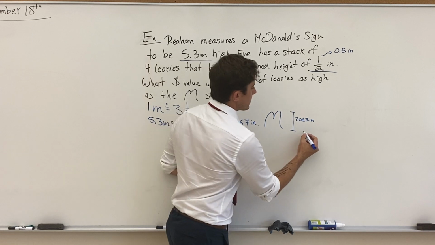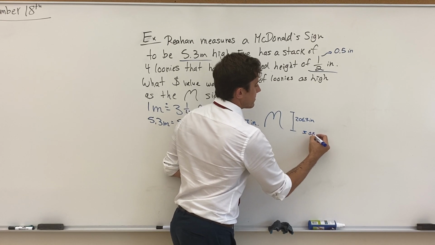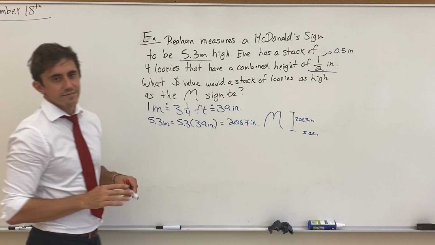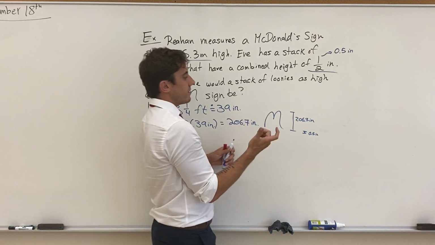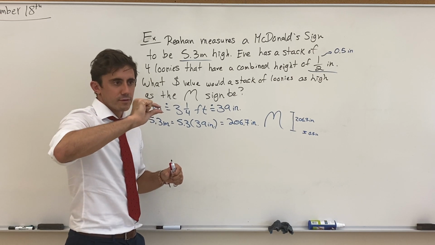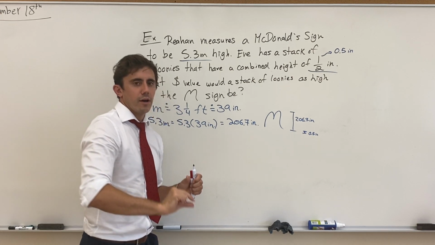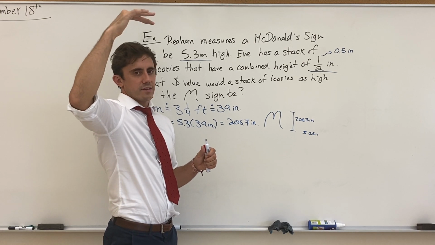And then we have little stacks, right, of loonies, so on and so forth, that are 0.5 inches high. Best of a drawing that I could do. So what we're really asking ourselves is how many groups, how many stacks of 4 loonies can we pile up together to get to the height of the McDonald's sign?